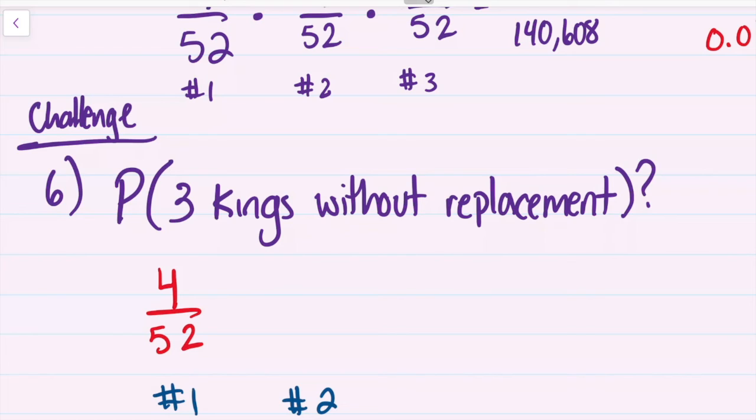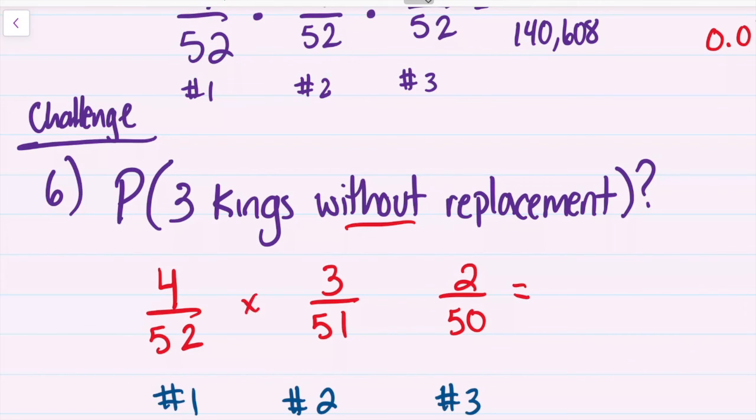You're not going to put that king back because it's without replacement. So now there are only 3 kings left. But since you took a card away, it'll be out of 51, right? And let's pretend that still happened. Well, in your third try, now you're only going to have 2 kings because you're not putting them back in the deck of cards. And now you only have 50 cards.